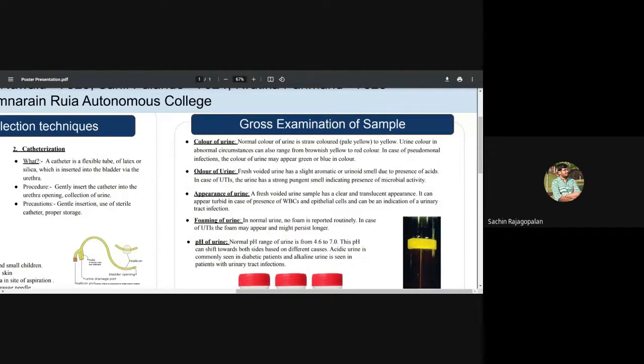Okay. So here, Sahil? Yes, sir. Can you repeat about the foaming part of urine? When do you see foaming in urine? Yes, sir. A freshly voided normal urine does not have foam, or foam may appear if the urine sample is agitated or shaken vigorously.